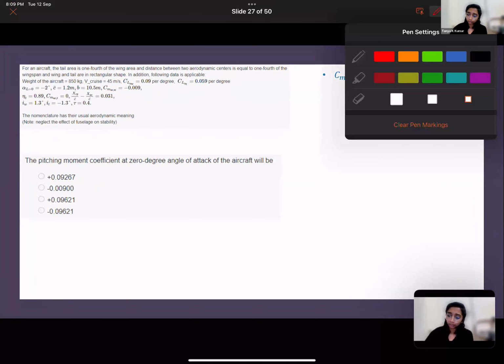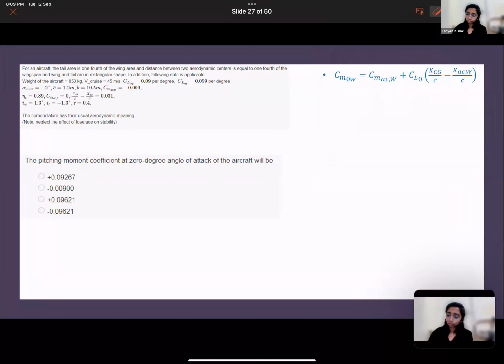For that, you need your Cl versus alpha. And they've given you angle of attack at 0 lift to be minus 2 degrees. So it is not a symmetric airfoil, it's a cambered airfoil. They've also given you Cl alpha. This is minus 2 degrees, and this is your Cl naught.